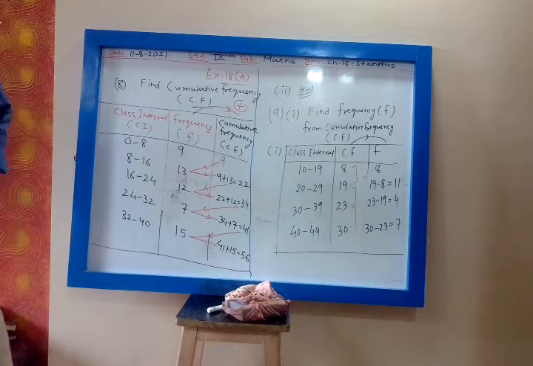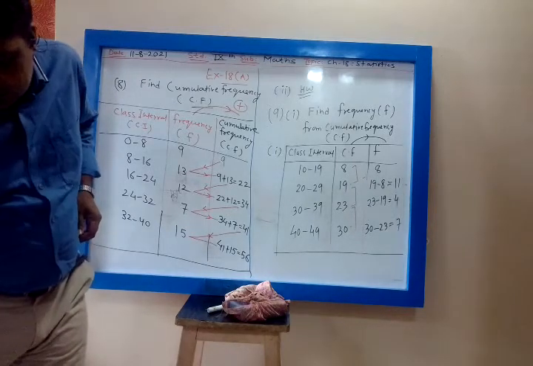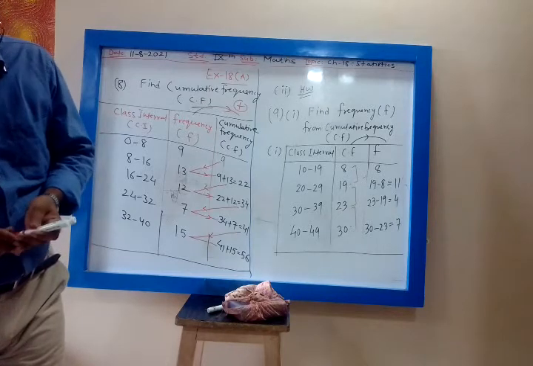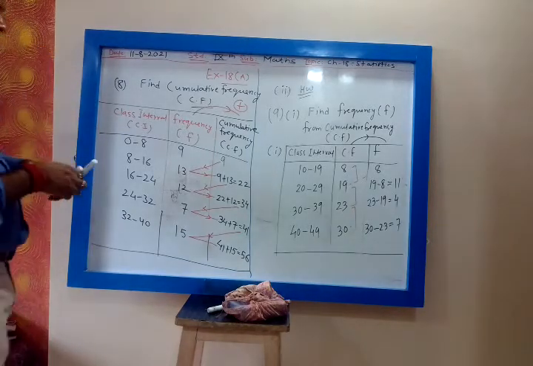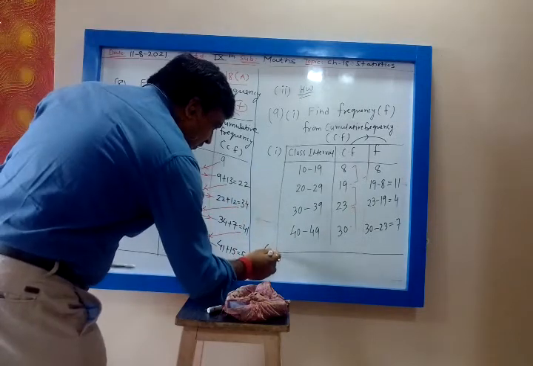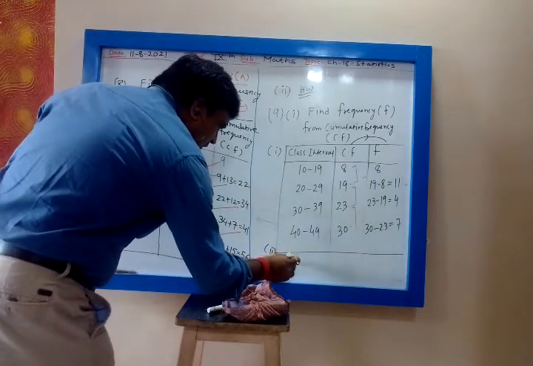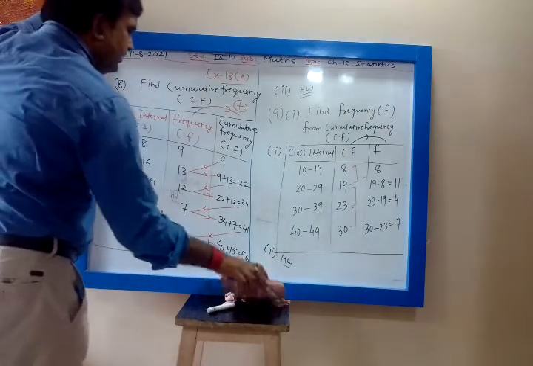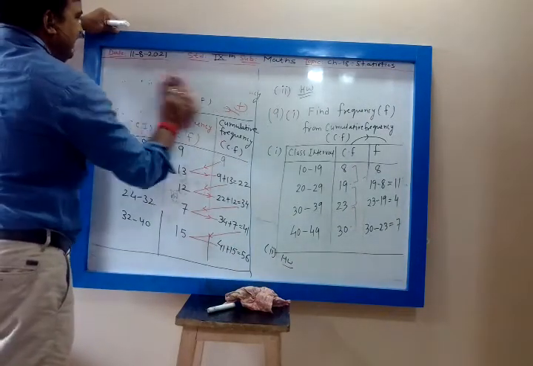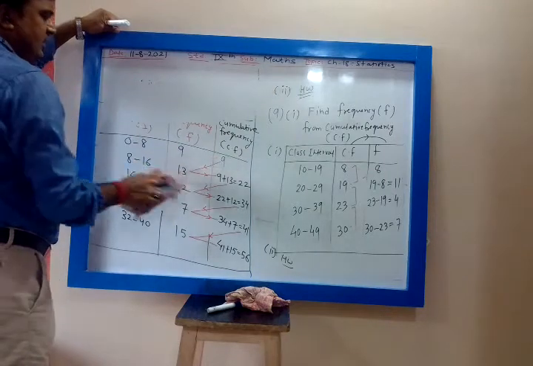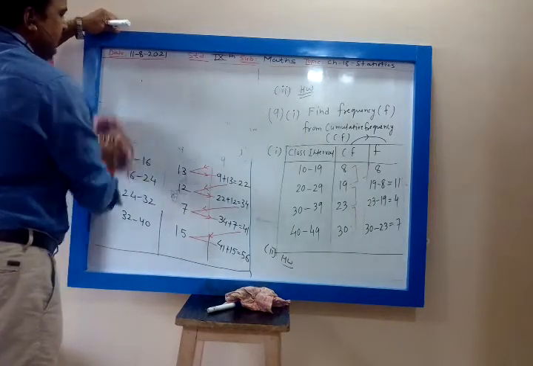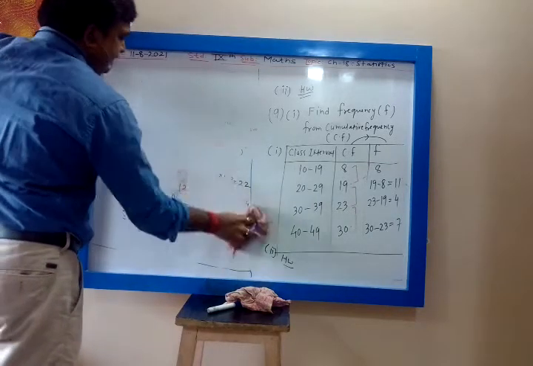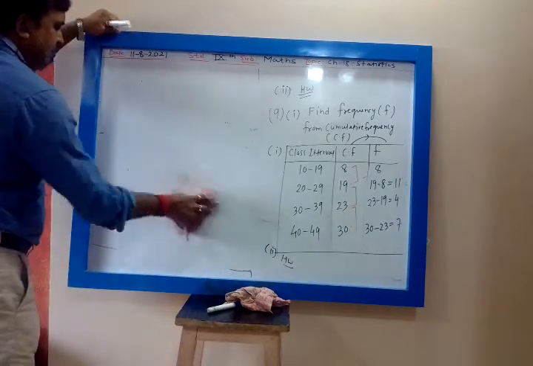Then the second one will be homework. Now let us do the third one. So for CF you have to go zigzag, but for frequency from CF you have to go vertical. Take the difference. For CF we add.